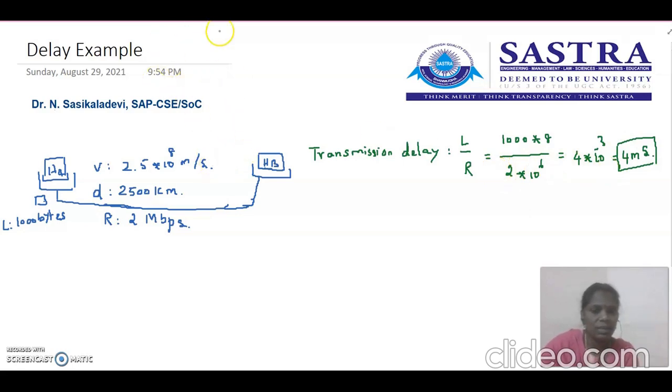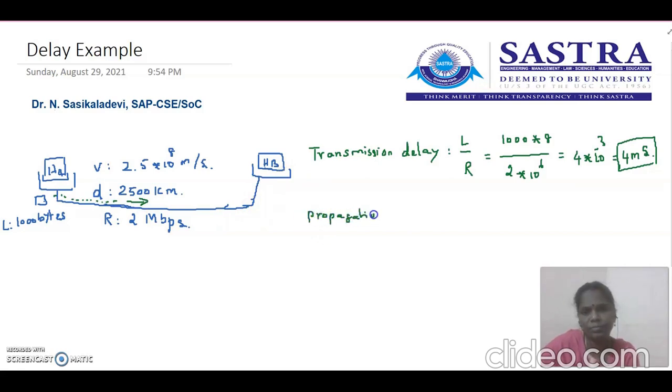Let's get into the other delay. The time taken by the host to inject the packet is 4 millisecond, but anyhow the packet has to travel from this end to this end. The traveling time is based on the propagation delay.